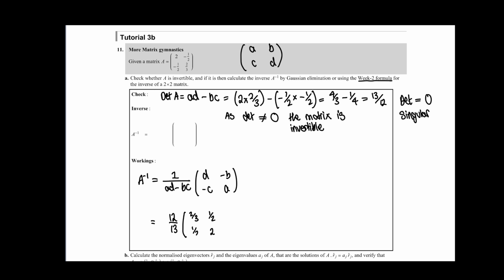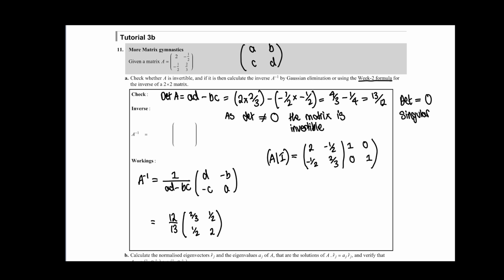If we use Gaussian elimination, we will have to find the augmented matrix, which is the matrix A next to the identity matrix. So that gives us 2, minus a half, 2 over 3, and then 1, 0, 0, 1.